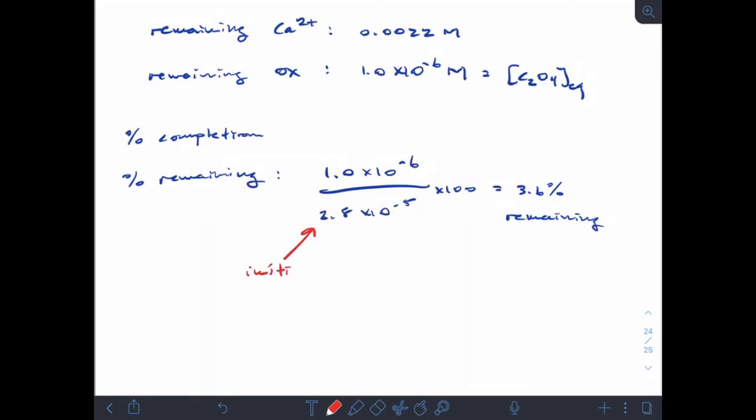Remember, this is the initial concentration, and this is the equilibrium concentration. Equilibrium concentration divided by initial concentration times 100.